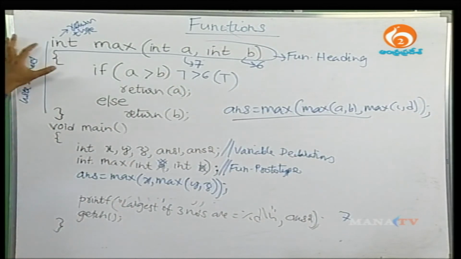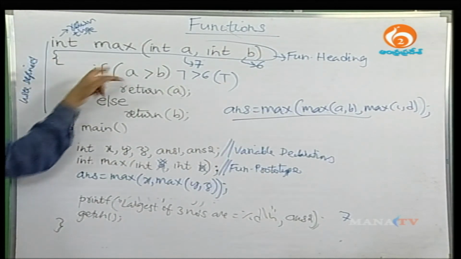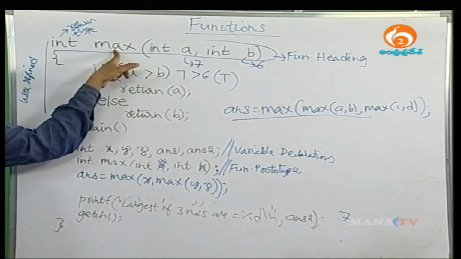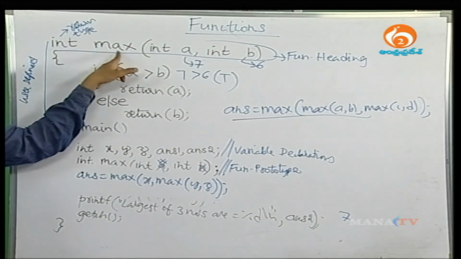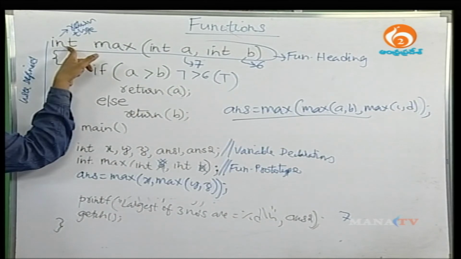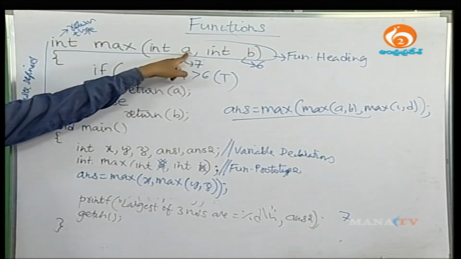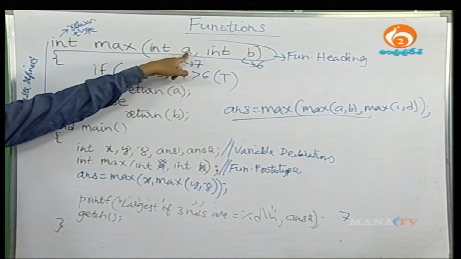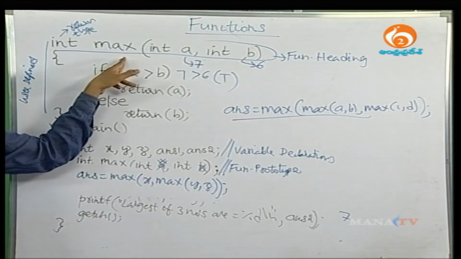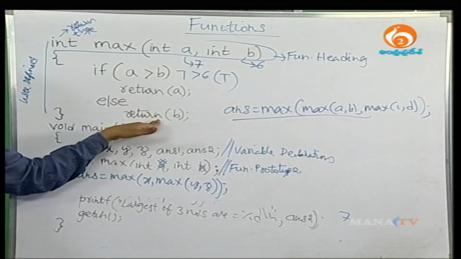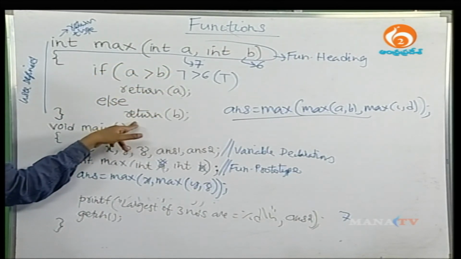So, this user defined function definition includes the following elements. What are the elements? Function name, function type, declaration of the parameters, local variables list, but here I haven't used a local variables list, function statements and return statement.